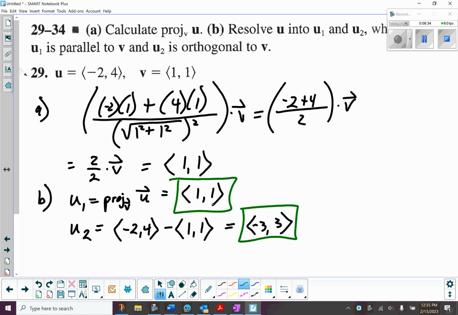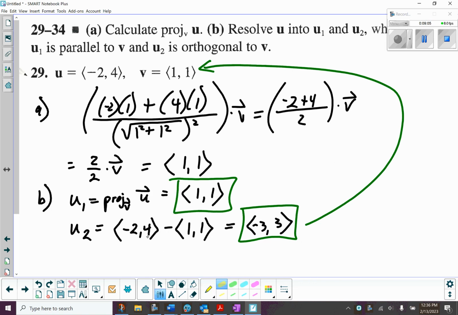So here's u sub 1 and here's u sub 2. Now again, this last one here, compared to vector v, it says it should be orthogonal. Well, quick check. If the dot product equals 0, then those vectors are orthogonal.